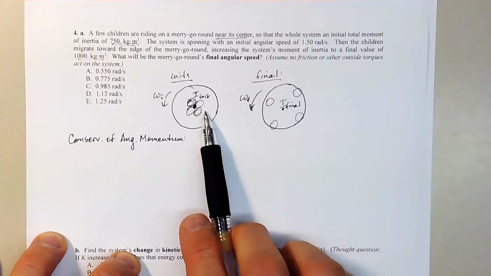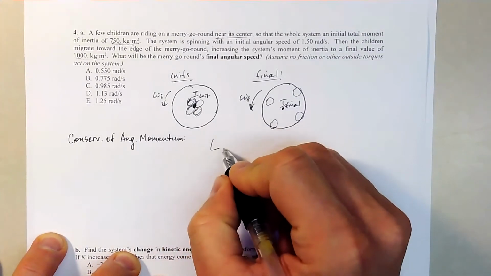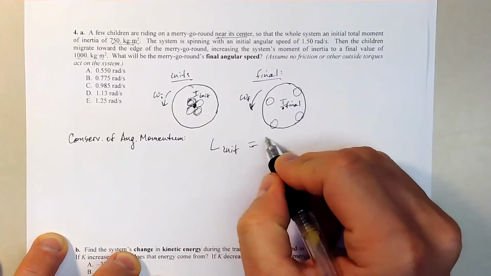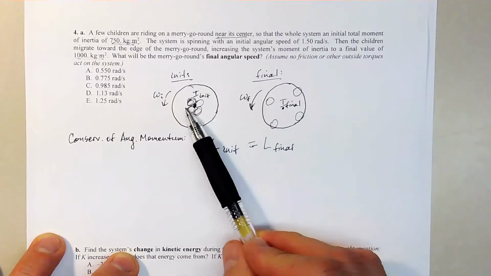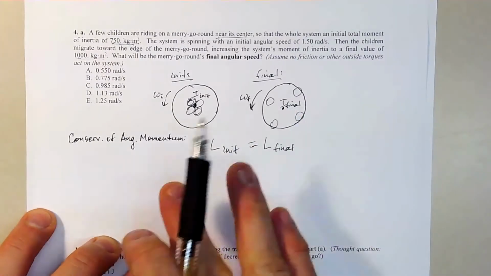So that would end up increasing the moment of inertia. So let's write it that way. We'll just say, L initial for the entire system must be equal to L final for the entire system, assuming that things like friction or other outside torques are negligible during this brief time period.